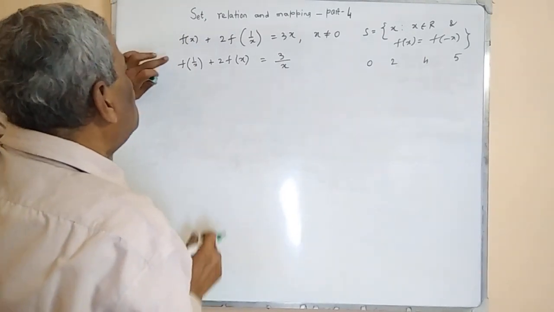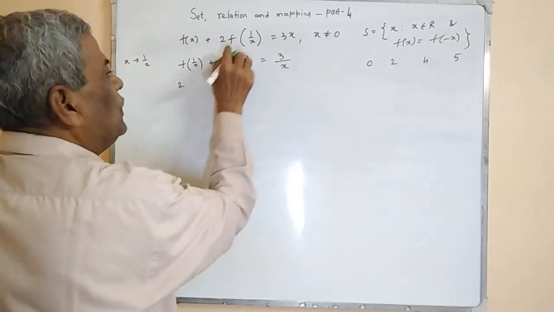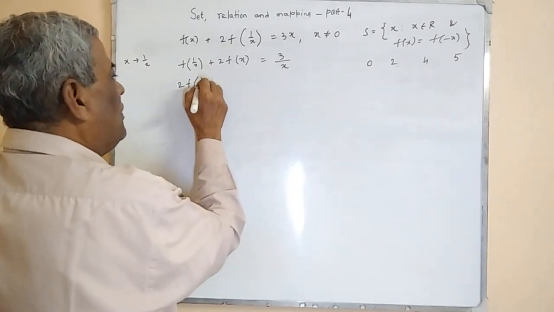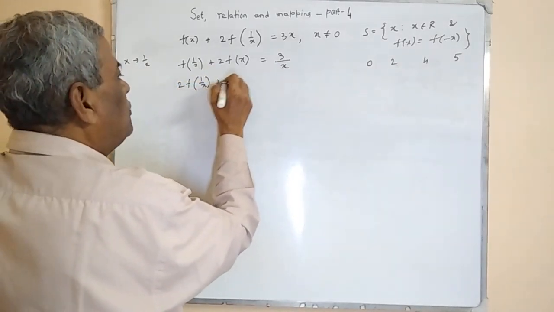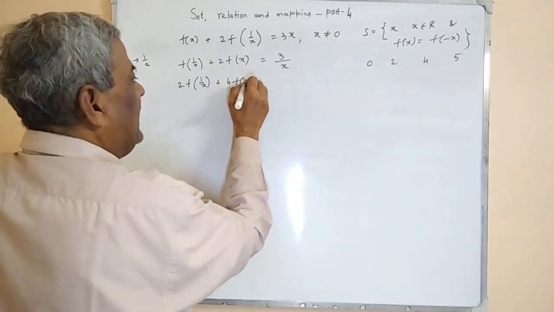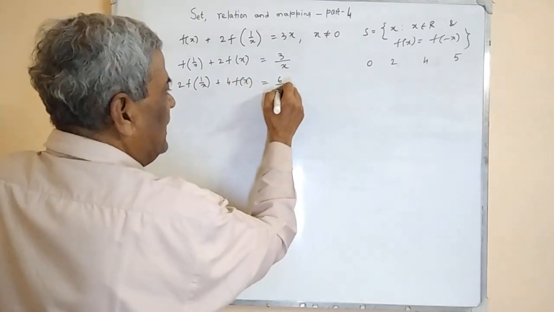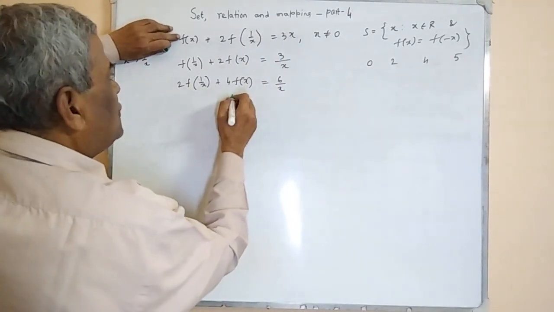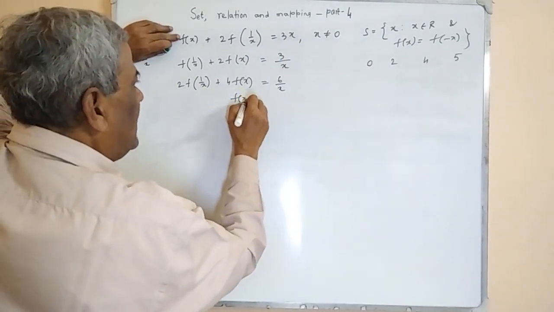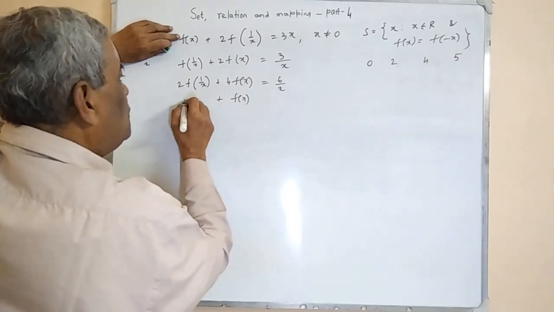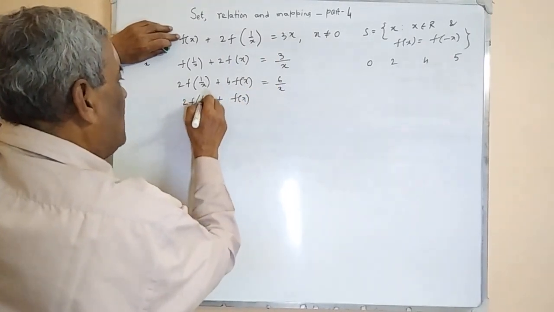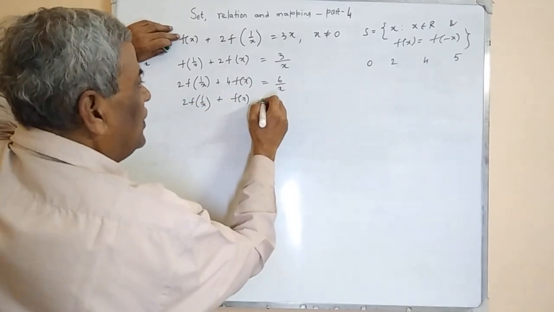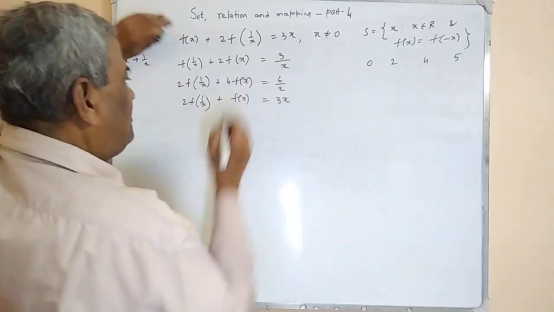Multiply this by 2. So 2 f of 1 by x plus 4 f(x) is equal to 6 by x. And write this: f(x) plus 2 times f of 1 by x is equal to 3x.